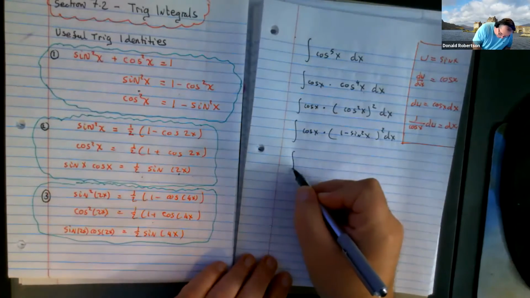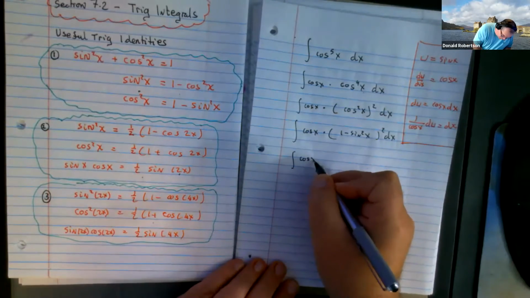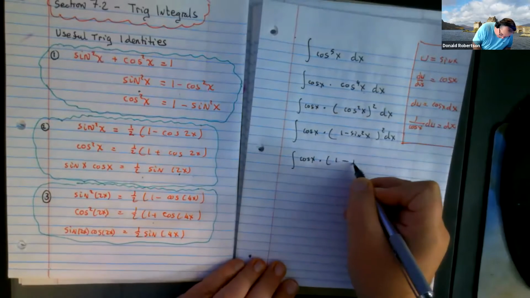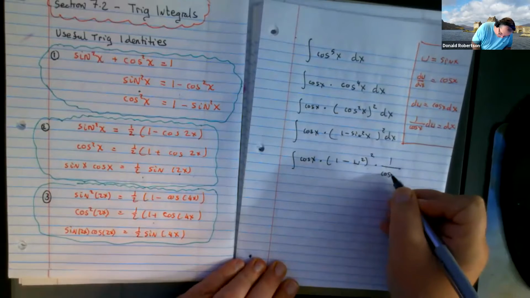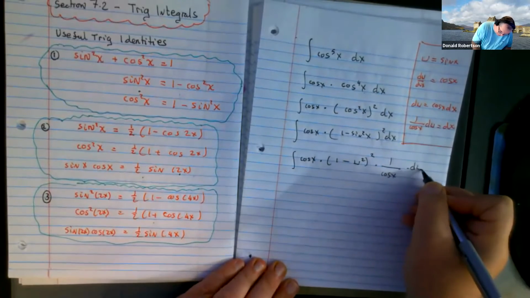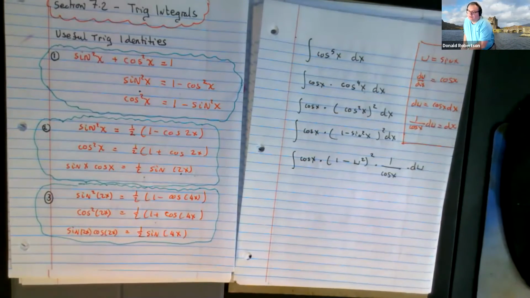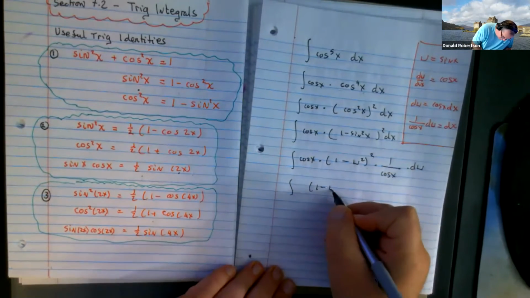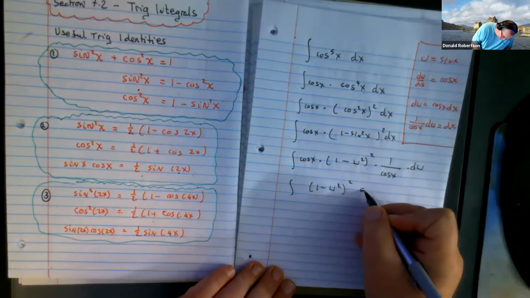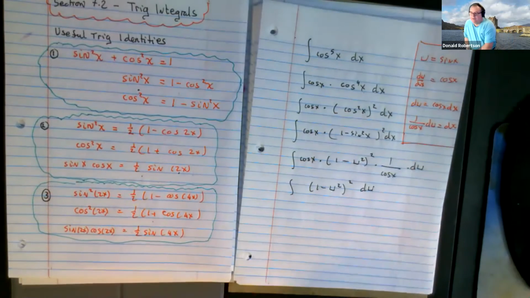So what I now have is a cosine x times a 1 minus u squared squared times a 1 over cosine x du. Does that look good? Right. Cancel out the cosines. And we're now looking at that guy. Okay, I think I should take this maybe one more line and then leave it.